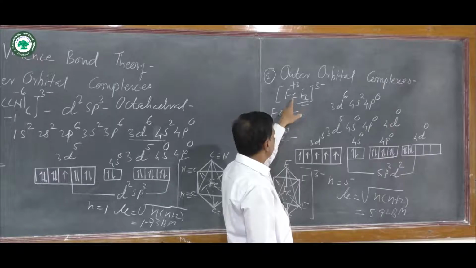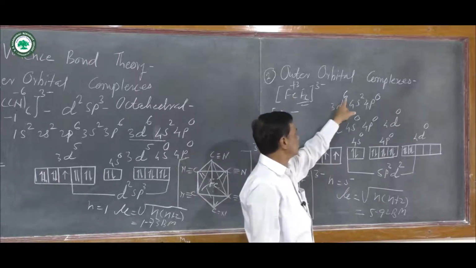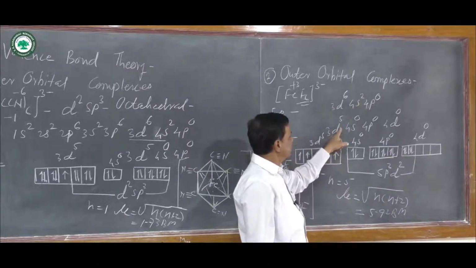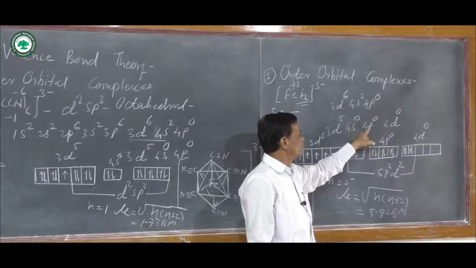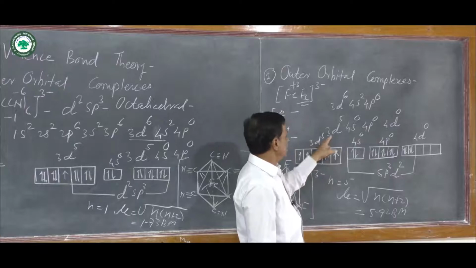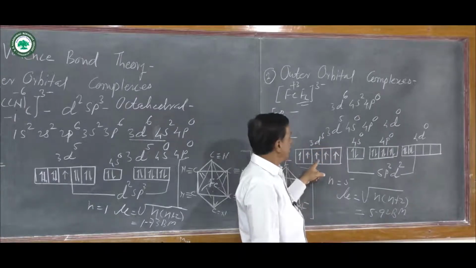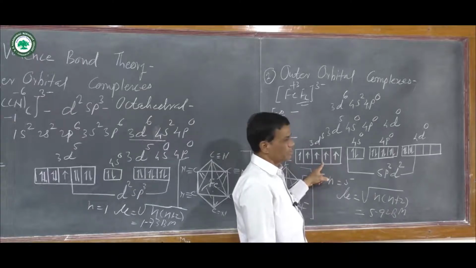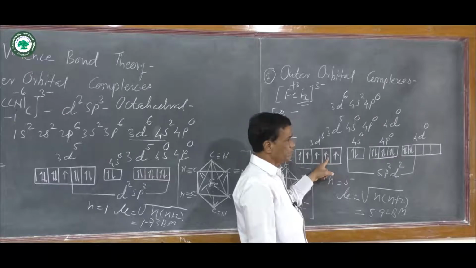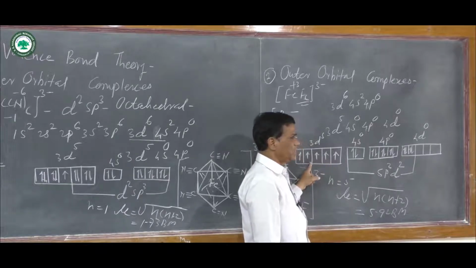Here the charge on Fe is Fe3+, there is a loss of 3 electrons from the 4s2 and 3d6, and this is the valence shell electron configuration 3d5, 4s0, 4p0 and 4d0. By box diagram, that arrangement is shown in 3d5. 5 electrons are there, and filling of these electrons takes place according to Hund's rule of maximum multiplicity, meaning first single filling and then pairing starts.